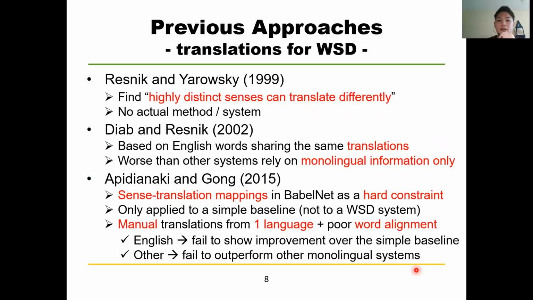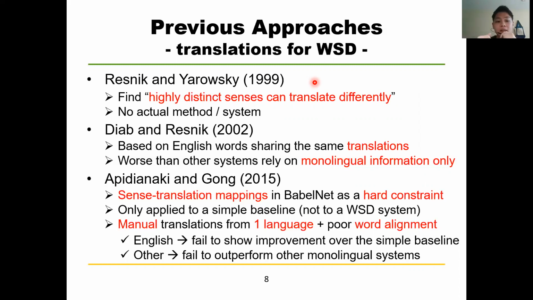There are several approaches that try to apply translations for WSD. The first is by Resnik and Yarowsky, who analyzed small word samples in a multilingual dictionary and found the phenomenon that highly distinct senses can translate differently.